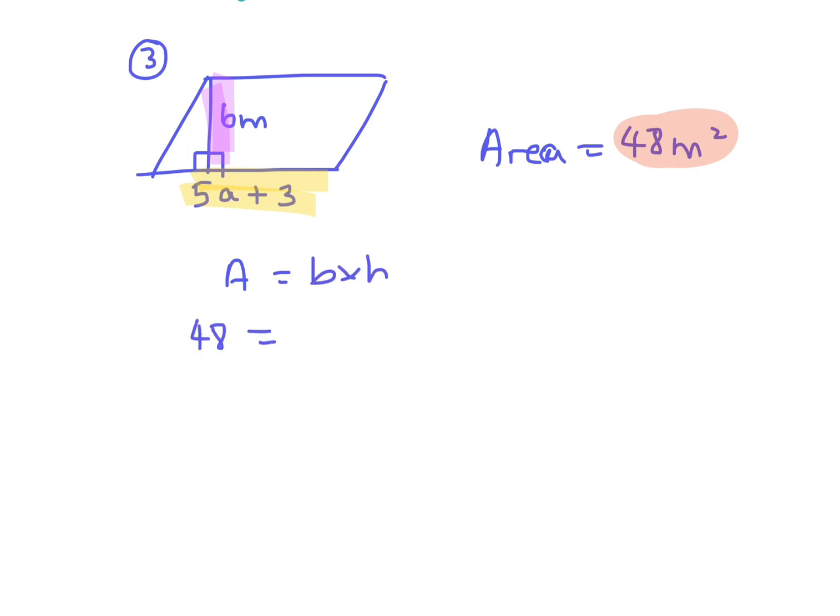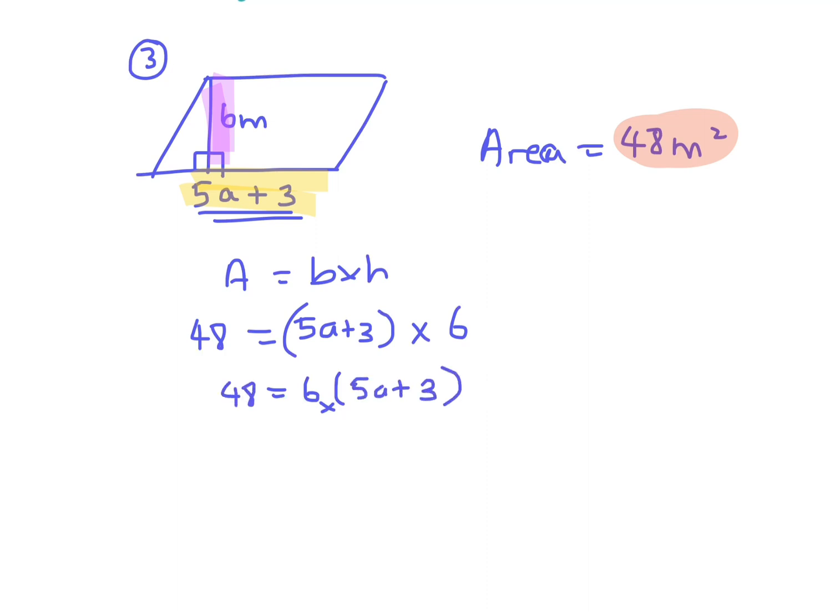So the area is 48, the base is 5a plus 3, and I'm putting brackets because there are 2 terms there, times the height, which is 6. So you can actually rewrite that in a different order because the order of multiplication doesn't matter. So you substitute. I like to swap the sides, simplify where you can, and then solve it.